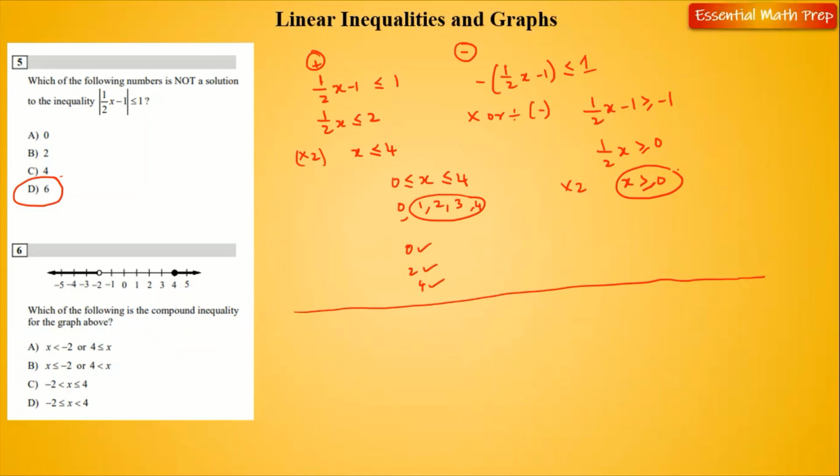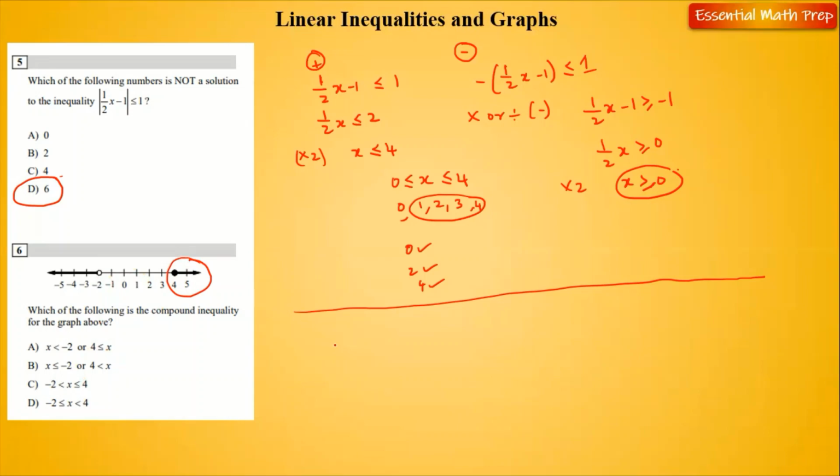So we are given the graph and we have to figure out the inequality. So we have one solid dot and one empty dot. So which means, well, it's still not easy to eliminate at this point, but let's tackle one side at a time. In here, our value is going up all the way to infinity, right?